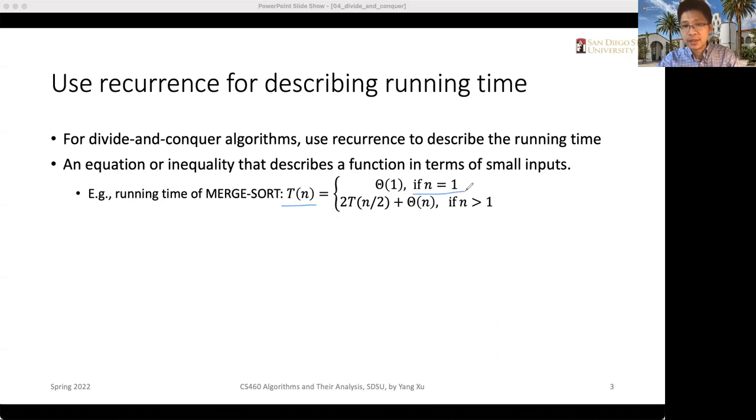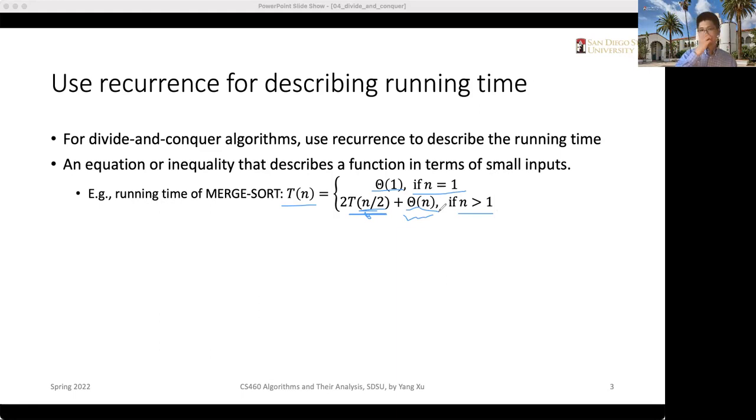The first case is the base case, which takes constant time, and for the recursive case, we describe the running time with the function itself. T of n over 2 is the function itself but with a smaller input, half of n, because we split the original problem into two halves. And the theta of n is the cost that comes with the division and the combining step.